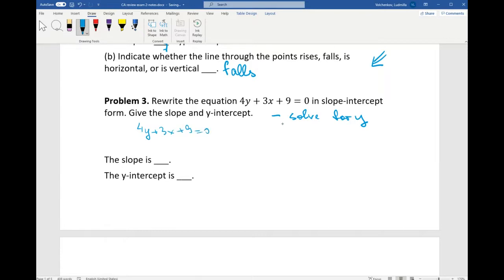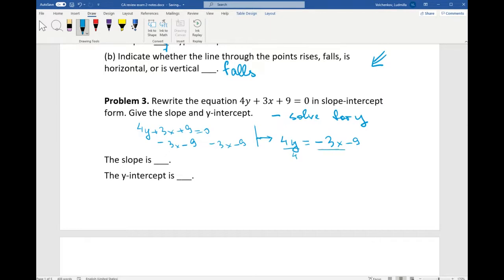We must isolate y on the left. So let us subtract 3x and subtract 9 from the left and from the right of the equation. We get 4y on the left and negative 3x, negative 9 on the right.